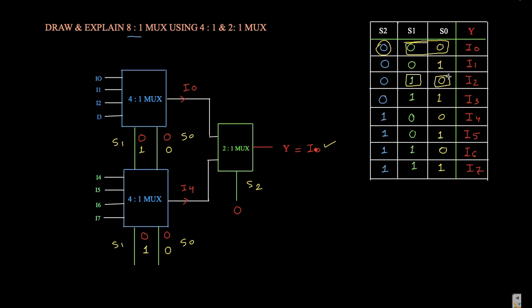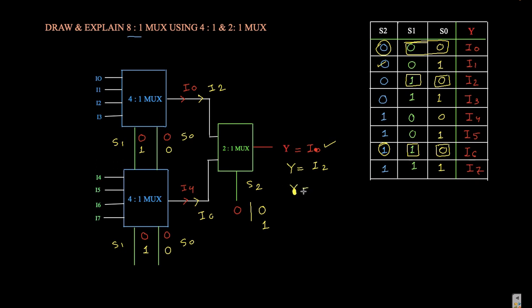If S2 becomes 0 again, then the output Y becomes I2. And if S2 is 1, then I6 is selected.